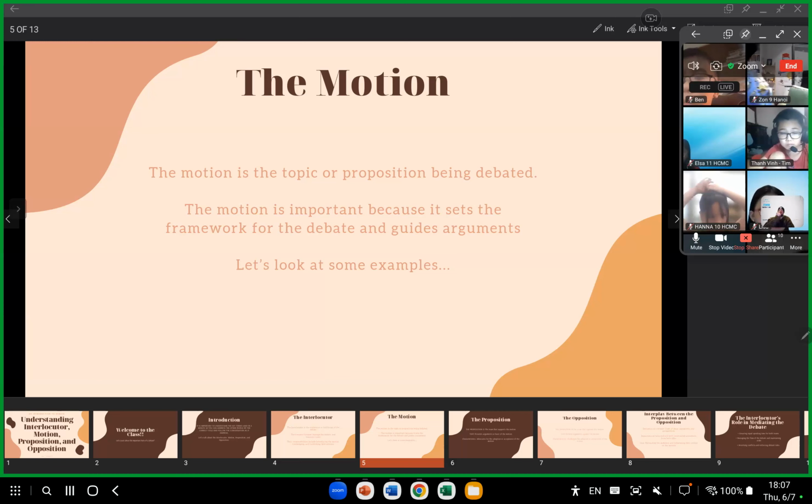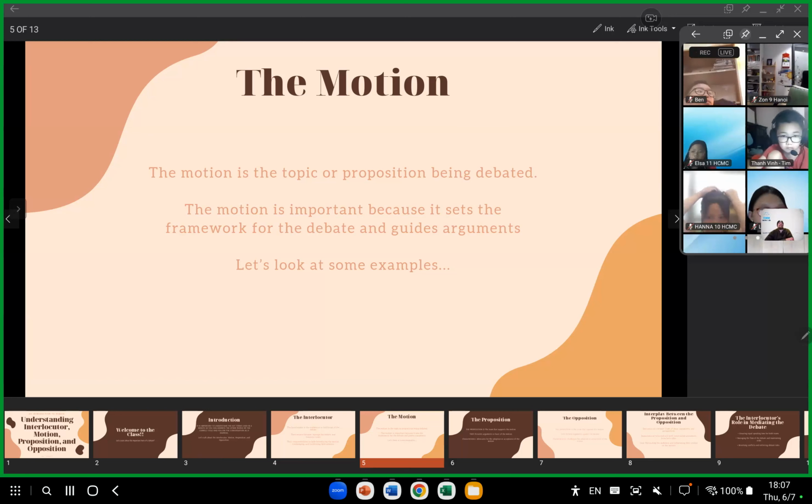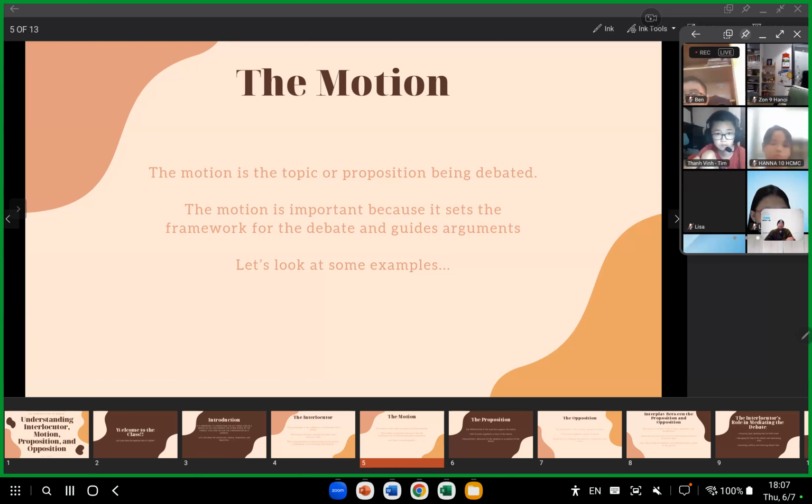The motion is the topic or the proposition being debated. So the motion is a statement that is made by the proposition team, and it is basically their stance. So what are they arguing? The motion is important because it sets the framework for the debate and it guides arguments.